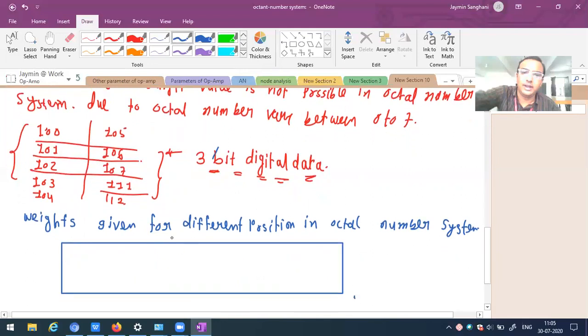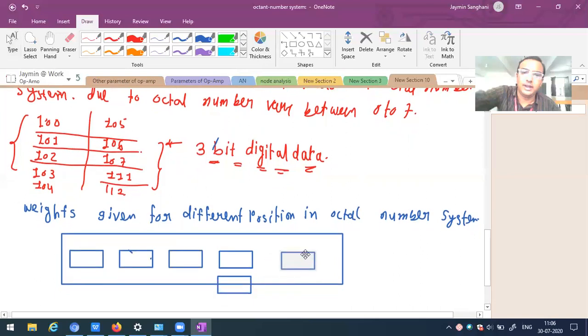Now see this. Suppose we assume that this is the point number.